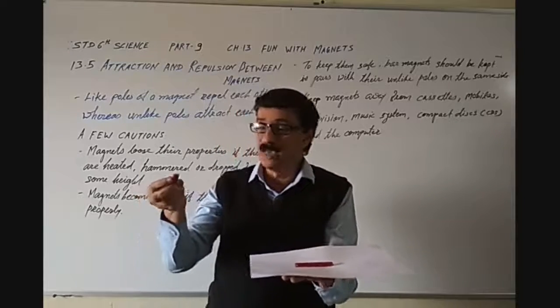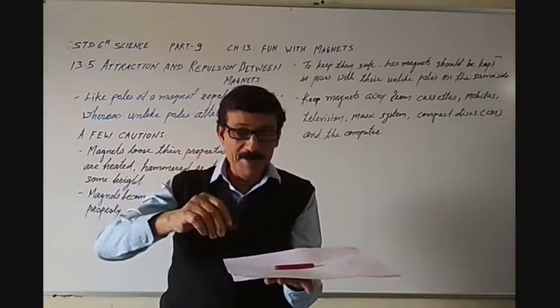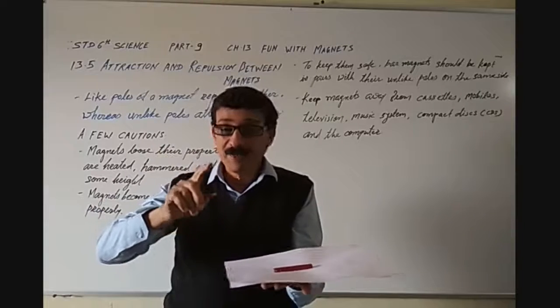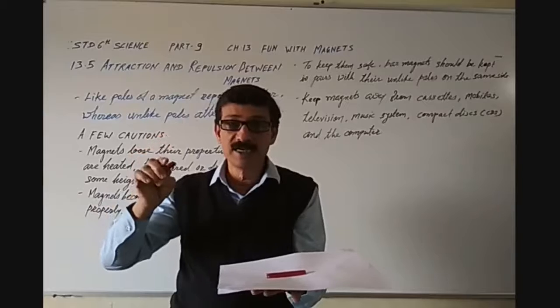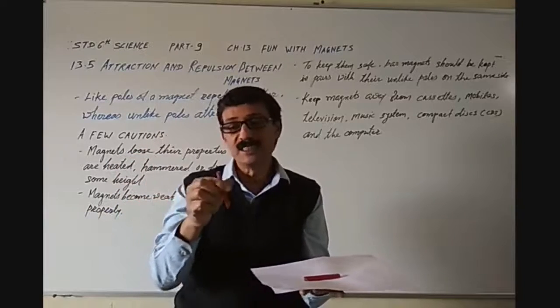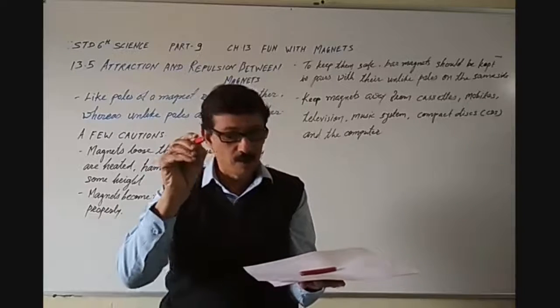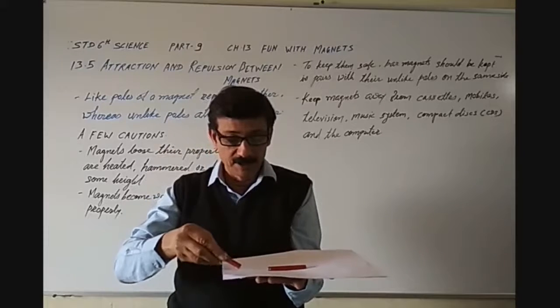Now let's see what happens. See, both the dot wala poles I am keeping nearby to the other magnet. That means both are north poles, isn't it? And this is a south pole. If this is a north pole, then this is a south pole. Let me keep this south pole first to this north pole. Let's see what happens.